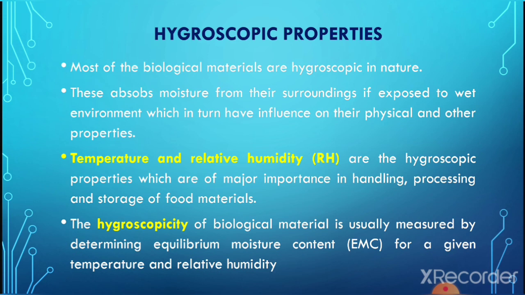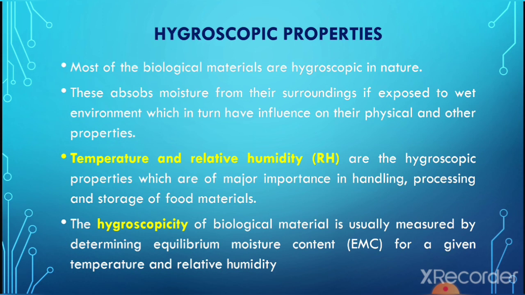Equilibrium moisture content is the moisture when an agricultural commodity is exposed to a wet environment. If the grain absorbs moisture from the surrounding, in that case the vapor pressure of the grain is less.